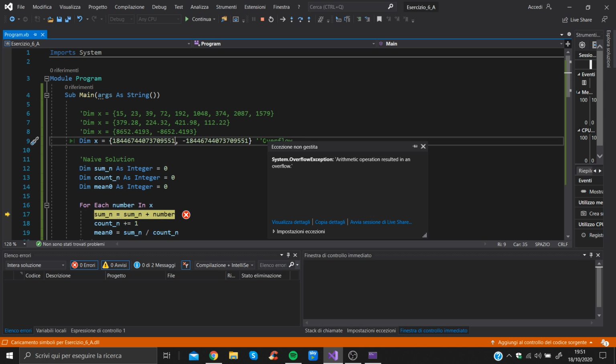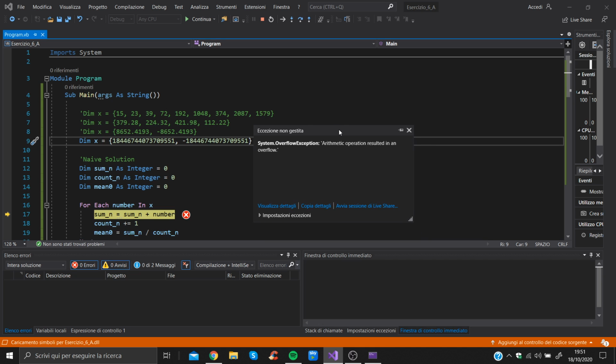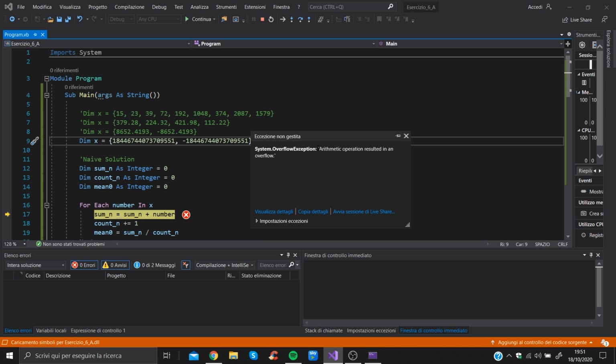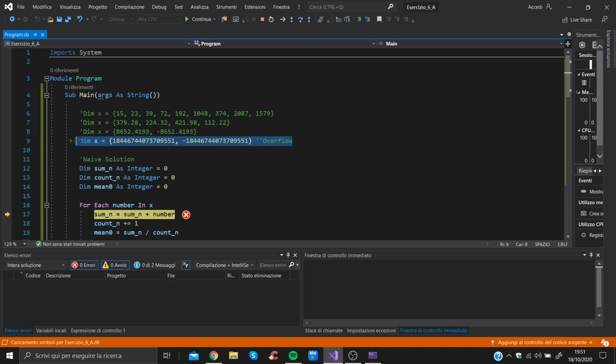So whenever we compute the arithmetic mean of some numbers, we always need to take in consideration the size of the numbers, because otherwise we will have an overflow. An overflow occurs when we are doing some operation and the result doesn't respect the size of our variables, so it is too big for our variables.